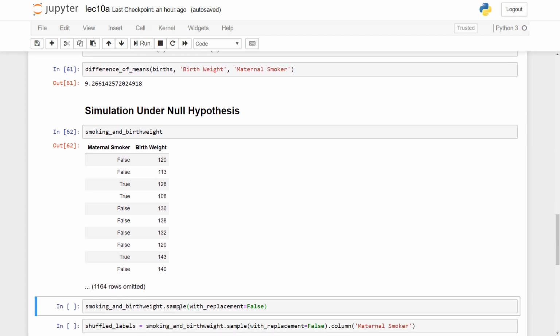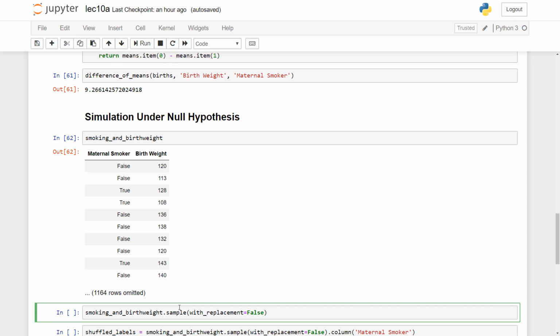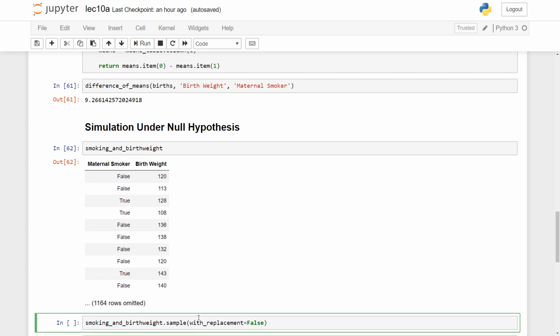To do that, we will use the sample function without replacement. Remember the sample function works on a table, and usually we give the sample size. Here we didn't give the sample size, which means by default that we want to sample the same number of rows in the table, which means it's just a permutation.